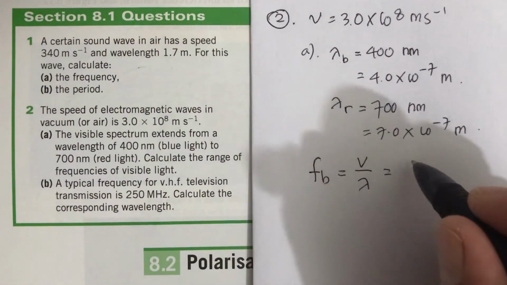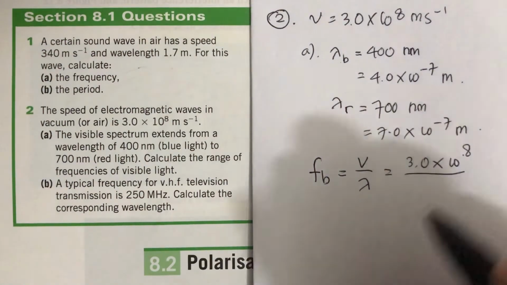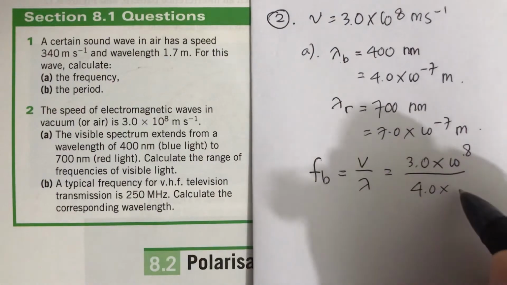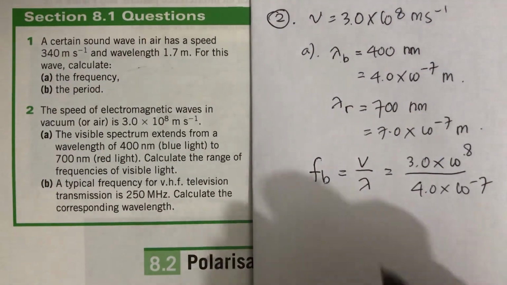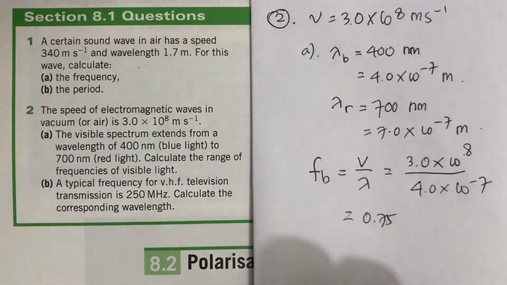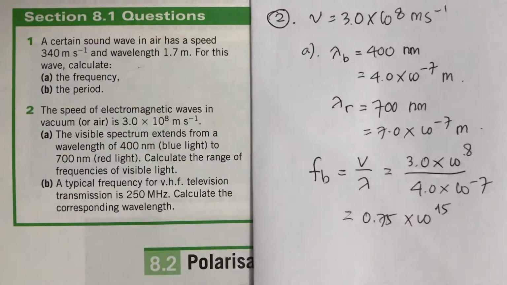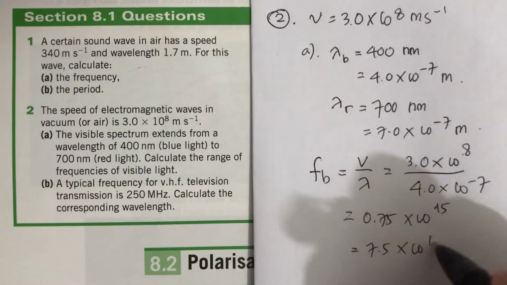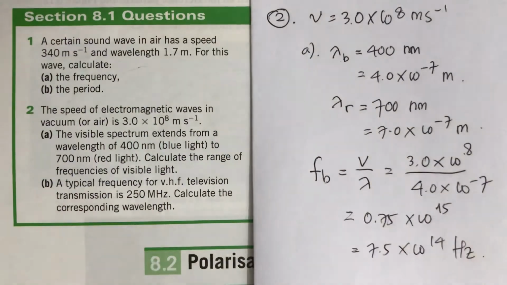We put V as 3.0 times 10^8 divided by lambda, 4.0 times 10^-7. So 3 over 4 is 0.75, correct? Yes, that is 0.75 times 10^15, or we can say 7.5 times 10^14 hertz.